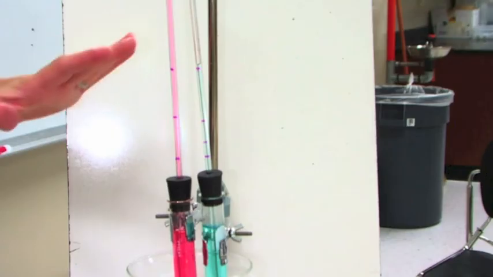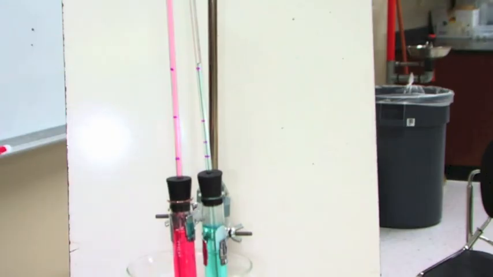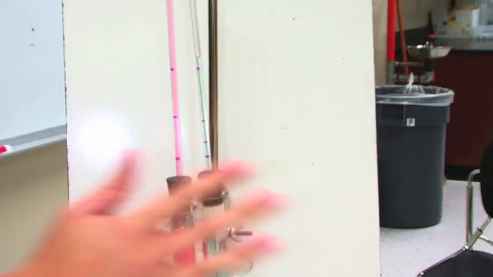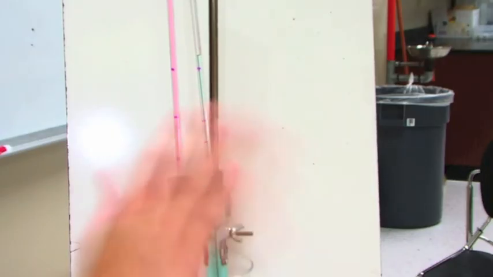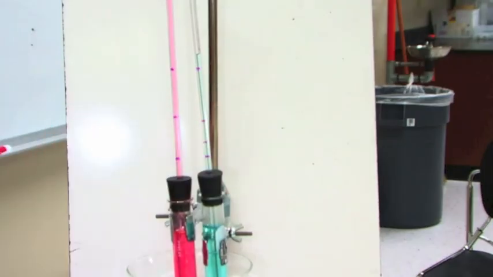Now, the tricky part is when we talk about solids, because looking at solids, it doesn't really seem that they expand when we heat them up, but their particles are still moving faster. So that vibration, instead of vibrating back and forth like this, they vibrate like this, and they do get a little bit more motion into them, so we see some slight expansion there.